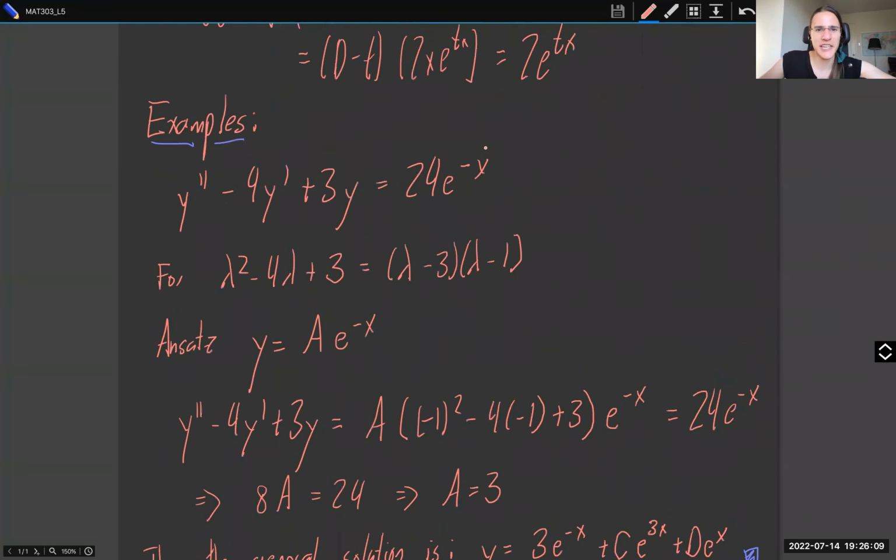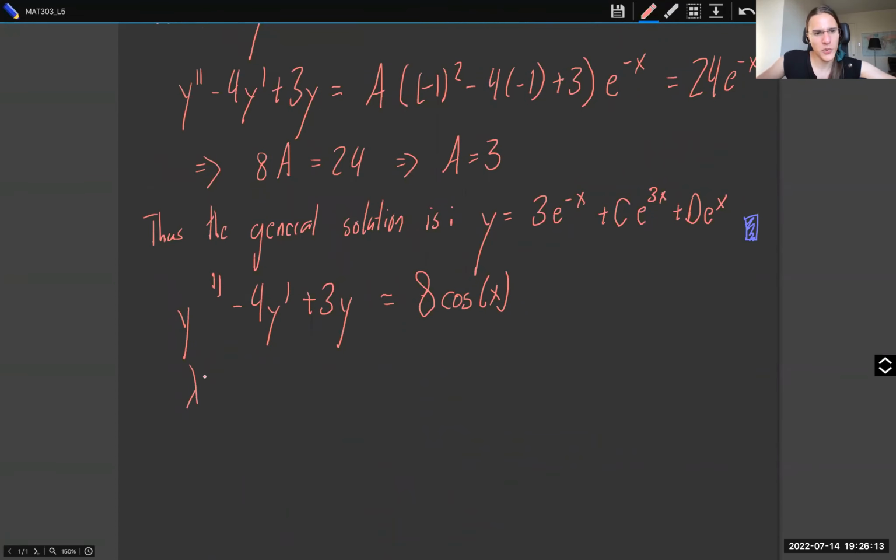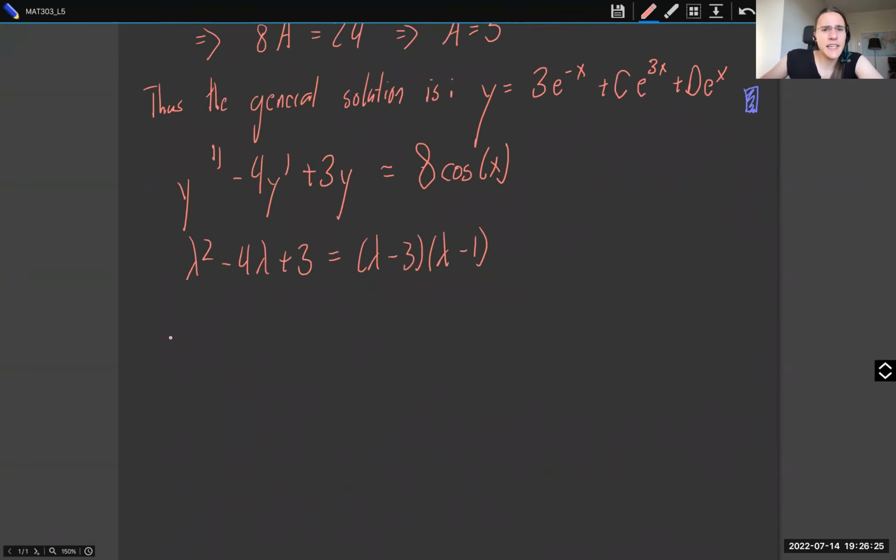The equation is the same one from before, so lambda squared minus 4 lambda plus 3 is lambda minus 3 times lambda minus 1. And the key is that cosine of x can be written as e^(ix) plus e^(-ix) over 2.